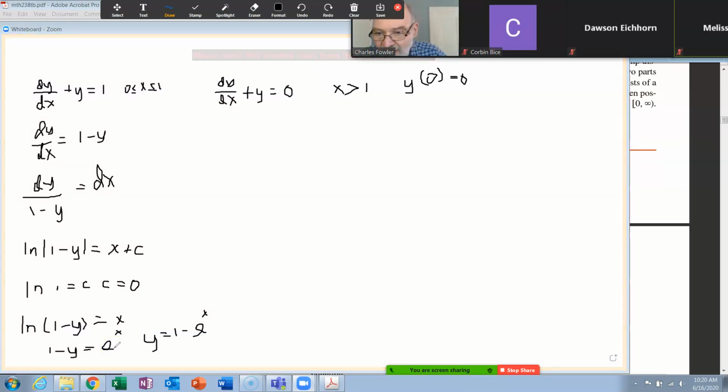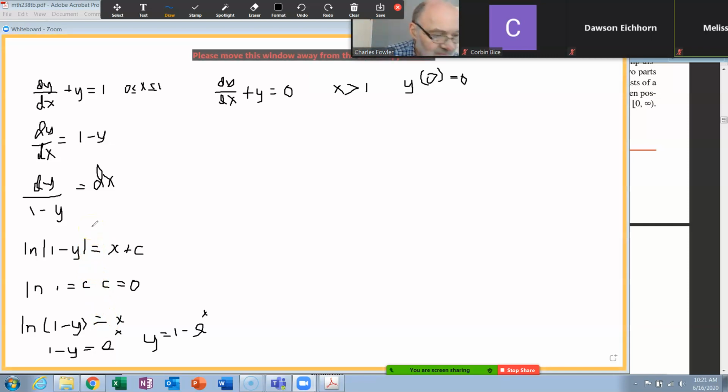They have e to the minus x, and I've lost a minus sign somewhere here, and I can't tell where to find it. Did I write my problem down right? I think I did. They have c is equal to negative 1.